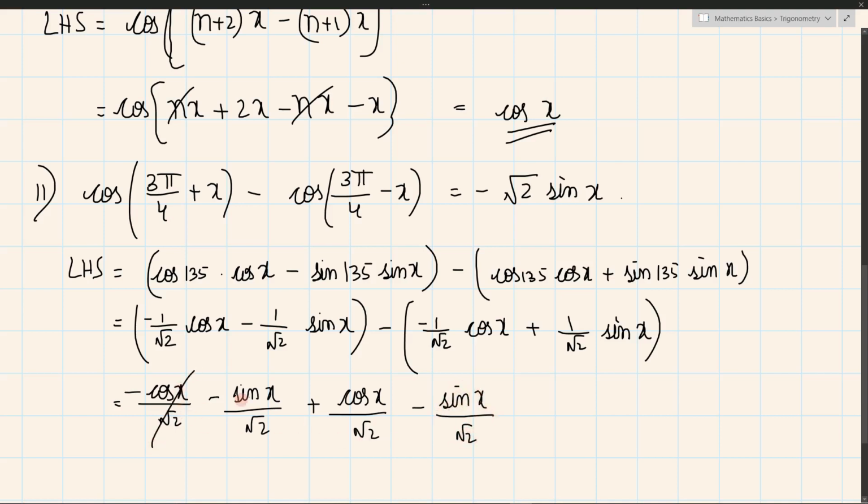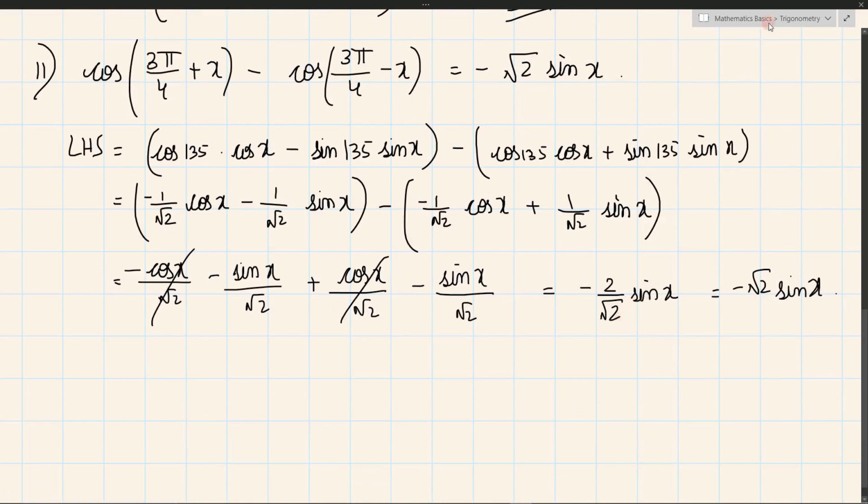So this term and this term will be cancelled. So we'll have minus 2 by root 2 sin x. 2 can be written as root 2 into root 2. One root 2 will be cancelled. What will be remaining is minus root 2 sine of x. Right.